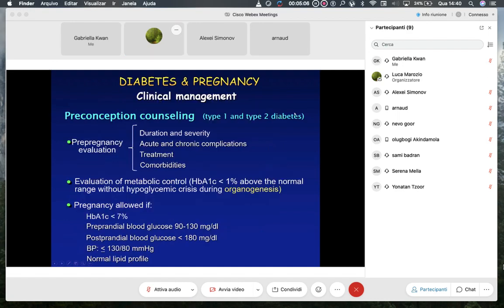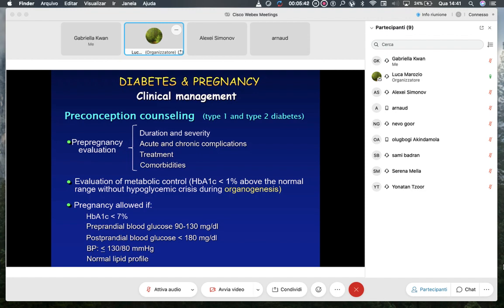Which is the management? First of all, for pre-existing diabetes, preconception counseling is fundamental. And we have to do a pre-pregnancy evaluation, check for the duration and severity of the diabetes, presence of acute and chronic complications, to know what the treatment is, and to check for comorbidities.